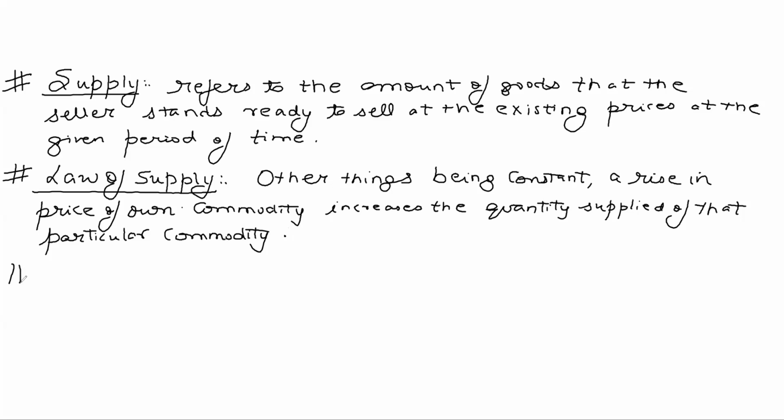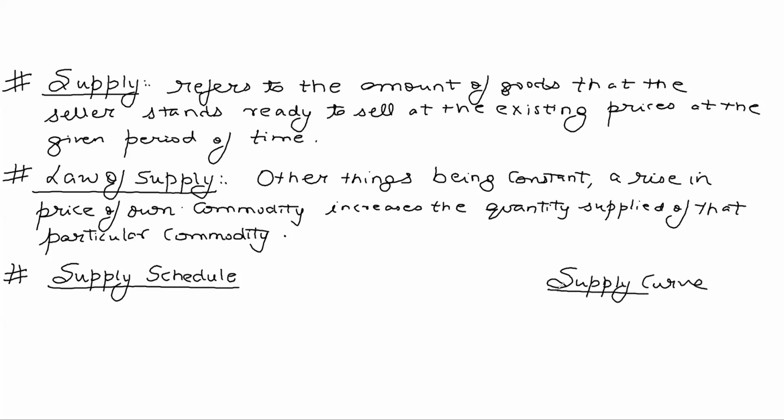Okay, then we talk about the supply schedule and the supply curve. You should be familiar with both. The supply schedule is a tabular representation and the supply curve is a diagrammatic representation.